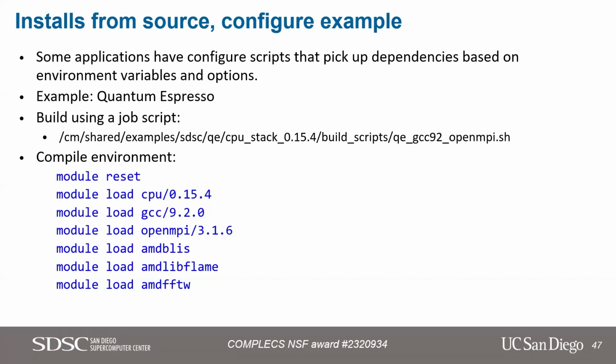Those applications usually have configure scripts that can pick up the dependencies based on the current user environment variables and options. We provide an example of building an application from source, which is building Quantum ESPRESSO, and we have a job script for that build saved in our shared area.